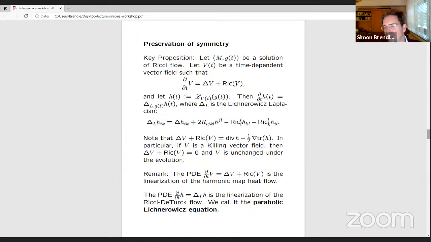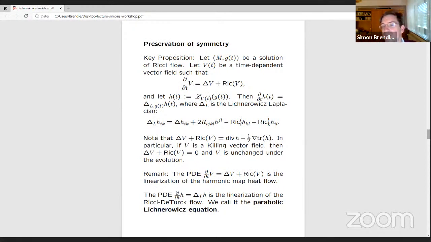And basically, this is sort of the linearized version of the harmonic map equation. And here, we are looking at the parabolic version of that, and it's the linearized version of the harmonic map heat flow, basically linearized around the identity.